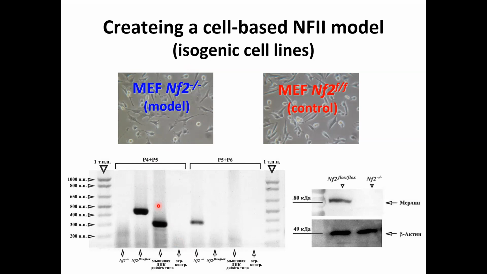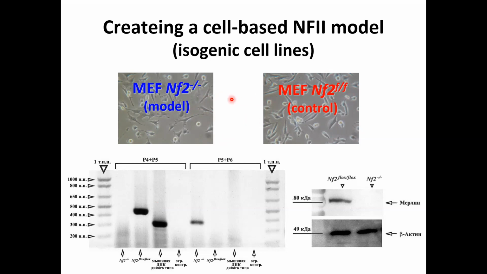Why would we use such a model? Because we still had the original cell line, the mouse embryonic fibroblasts with this flox allele, the Cre recombinase site, as a control line. And this pair was only different by one single gene, the NF2 gene.